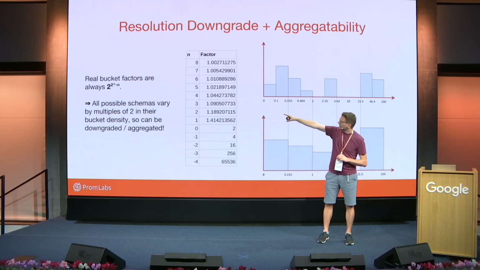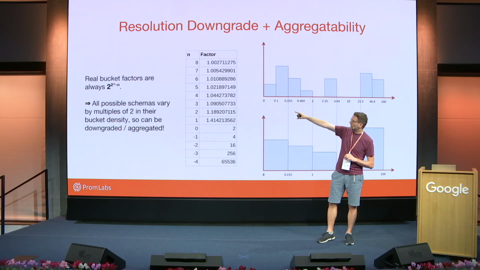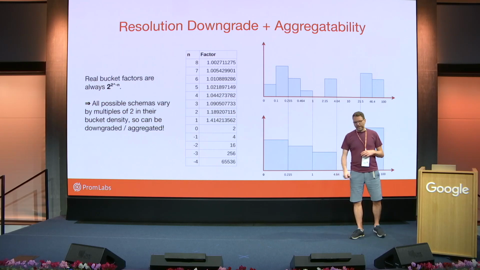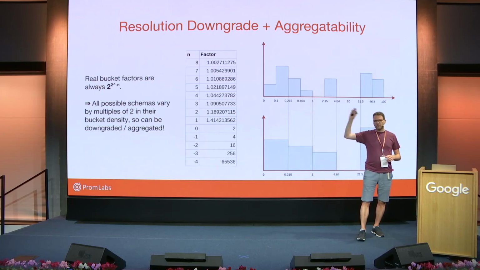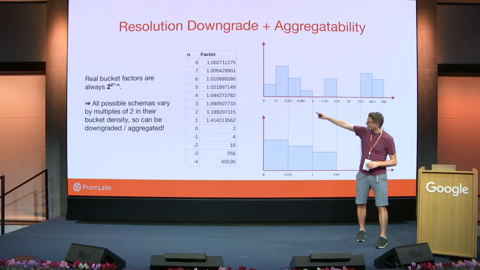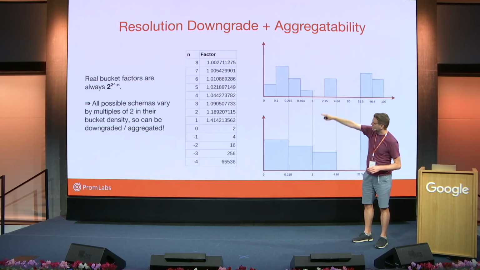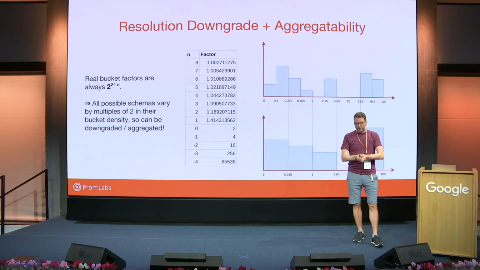They're all 2 to the power of 2 to the power of minus n. And that scheme means that all these different bucket schemas, like these different factors, lead to multiples of 2 in the bucket widths between those different bucket schemas.